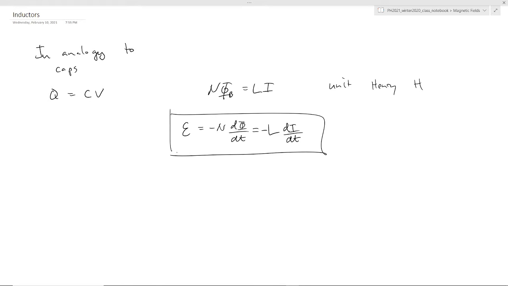So if you have a large inductance, or a sudden change in current, then this will cause an EMF, a voltage.